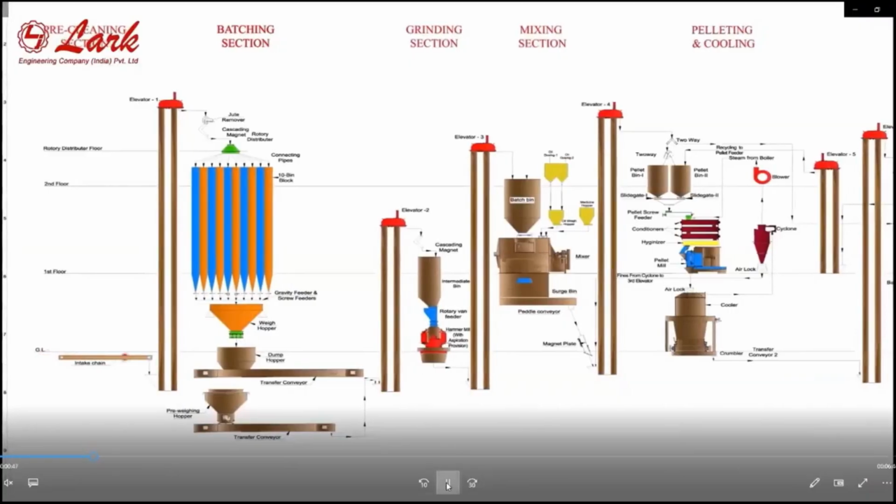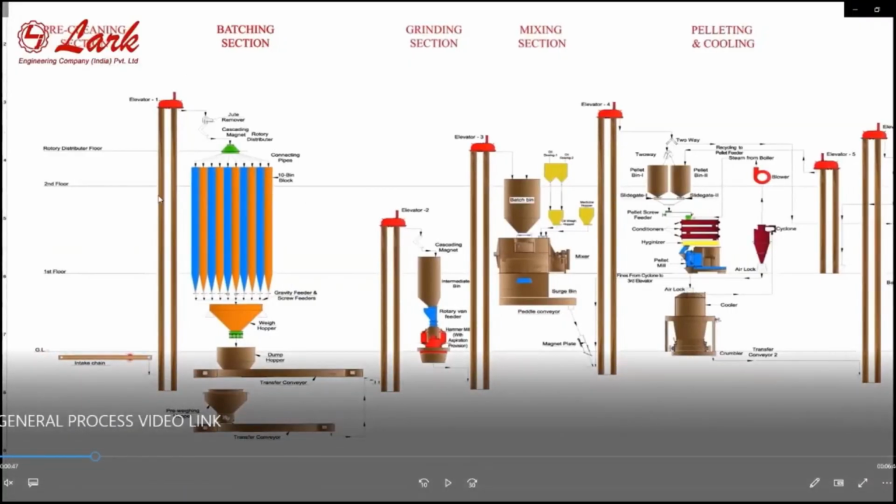This is a process flow sheet of a feed mill. The first part is the intake chain conveyor that drags the material to the bottom of the intake elevator, and that intake elevator conveys the material to these storage or day bins or batching bins.